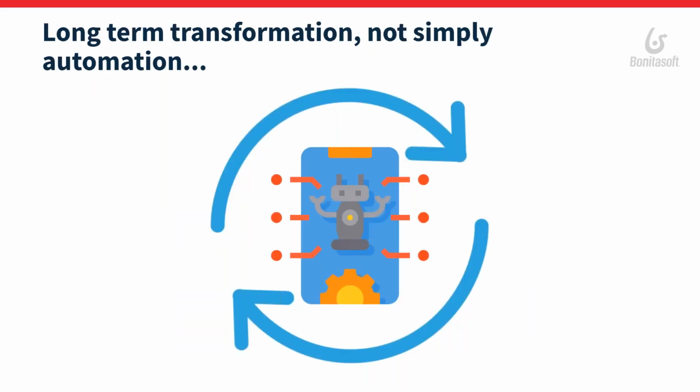When we talk about automation, we cannot say it's simply automating a process, going from manual to automation. We saw that it's really a long-term transformation. It's a continuous process, a continuous improvement. If you want to optimize, to improve SLAs, improve your quality, you will do it continuously.